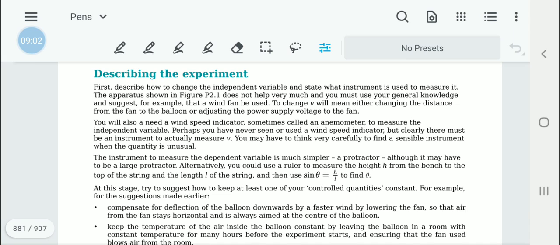You might never have used an anemometer, and you might not know that it exists, but from general knowledge you have to mention that we need to use some instrument that measures the wind speed. So you have to be very careful, and you have to mention a sensible instrument.